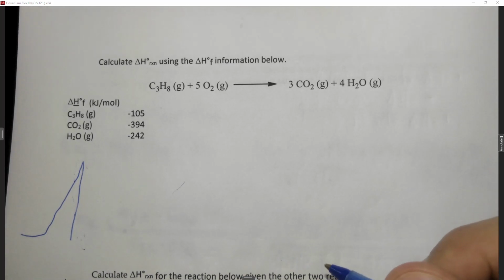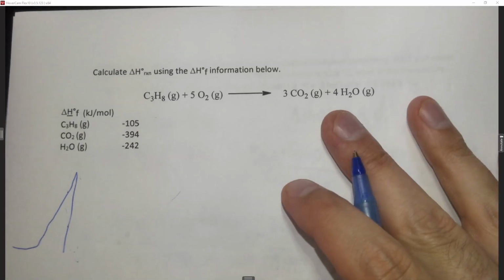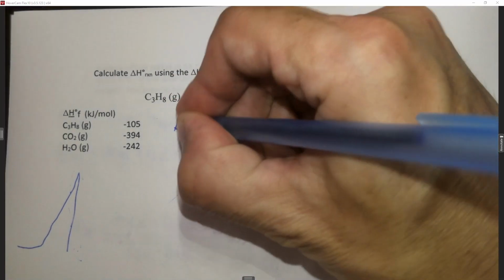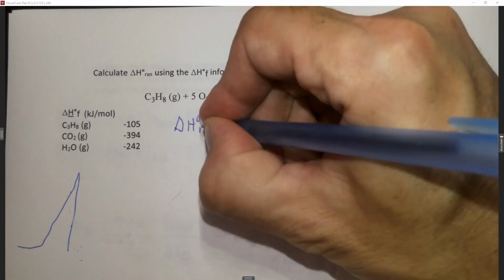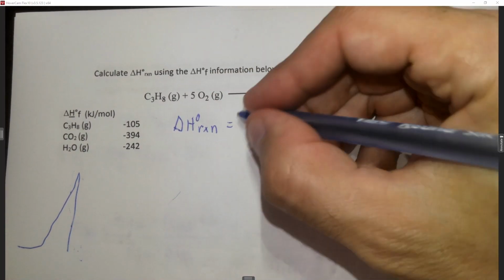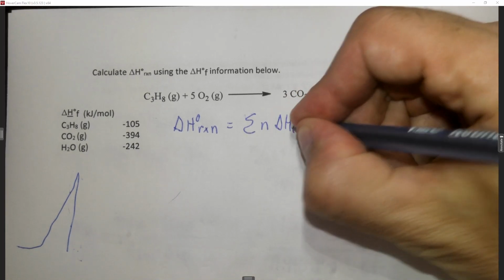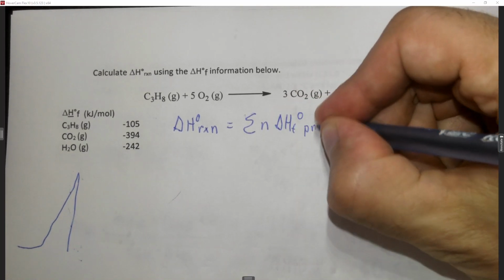As I promised when I first started talking, there's a relatively straightforward equation for doing this. It is delta H naught, standard state reaction, equals the summation of n delta Hf naught of the products.